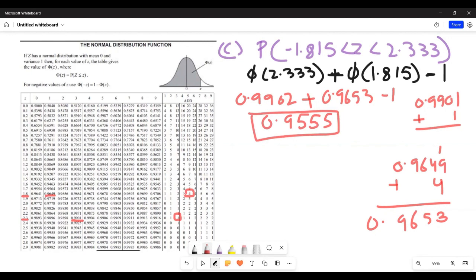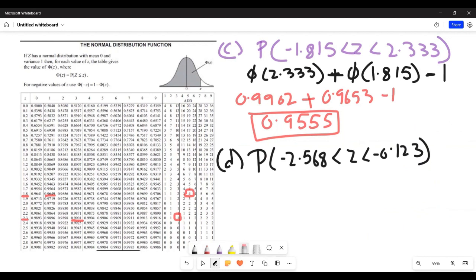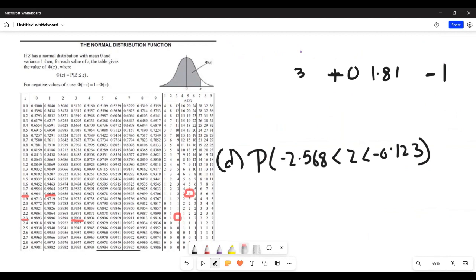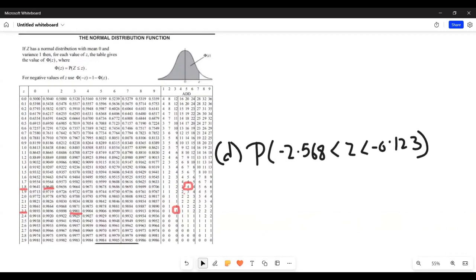Okay, now let's take the case where both are negative. Probability minus 2.568 is less than Z is less than minus 0.123. Okay, so this is going to be phi 0.123.